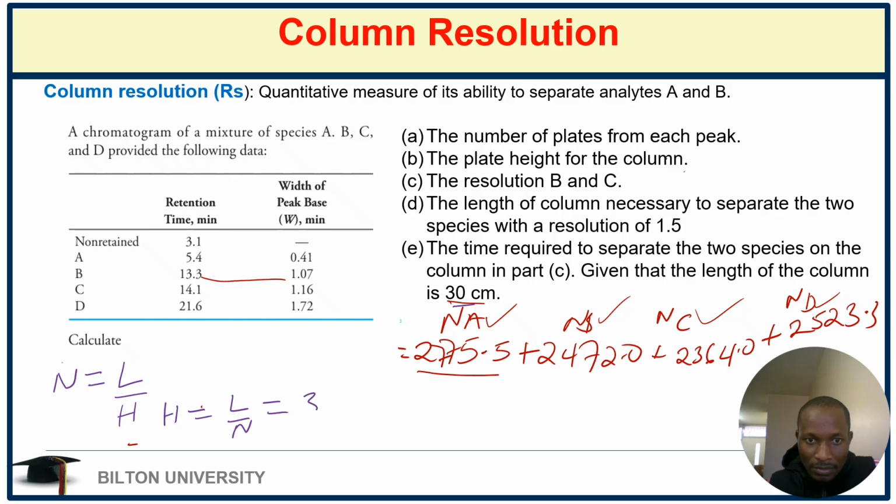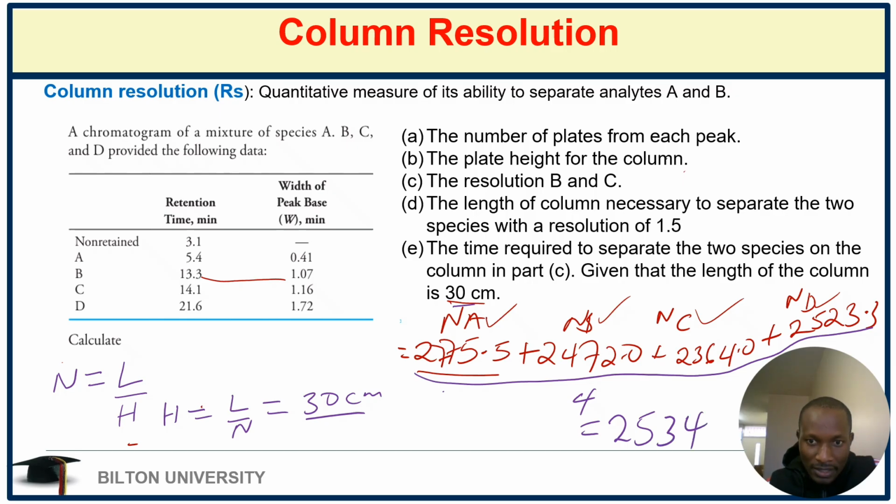The length is given to be 30 centimeter, and N will be the average of these. If you find the average, it's going to give you 2534, and then you are going to divide it here, 30 over 2534, and that's going to make our H to be 0.01184 centimeter.